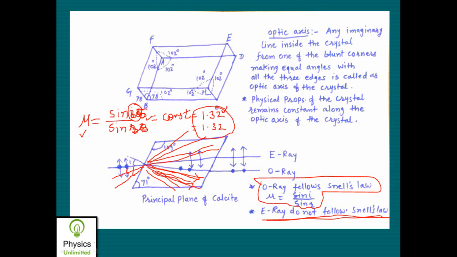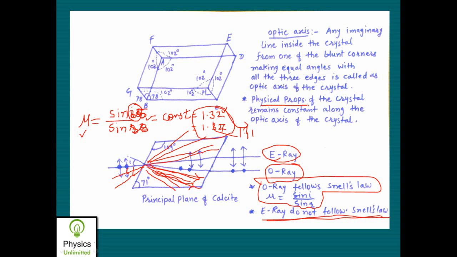So for the first case, if it is, suppose, 1.32, in the next case it comes out to be 1.37, then 1.41, and so on. What does it mean? It means that the refractive index is changing continuously. If the refractive index changes continuously, its velocity is also different in different directions. So the velocity for the extraordinary ray is different in different directions, but the velocity for the ordinary ray is the same in all directions.